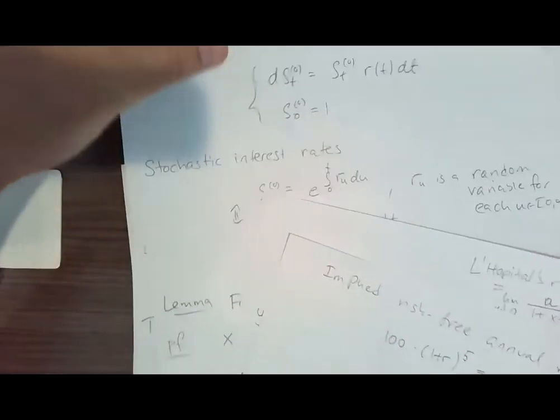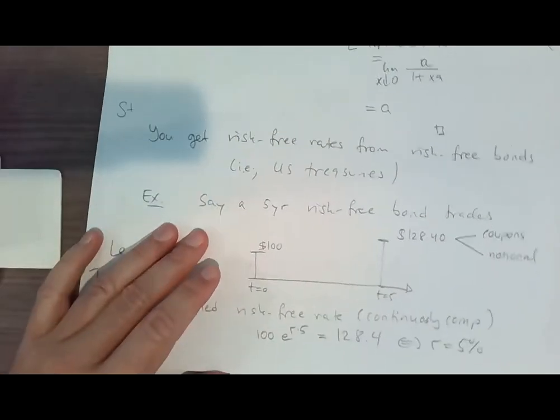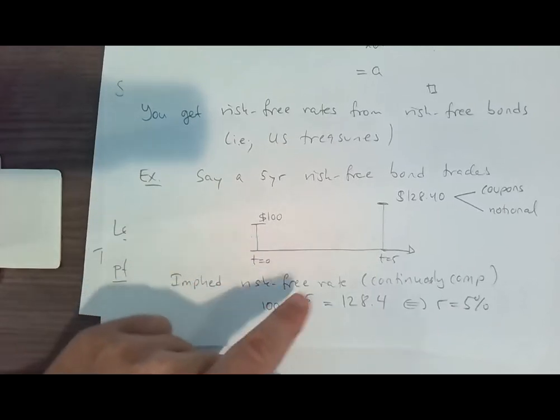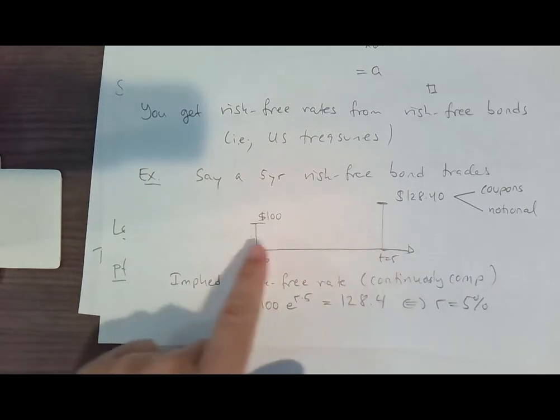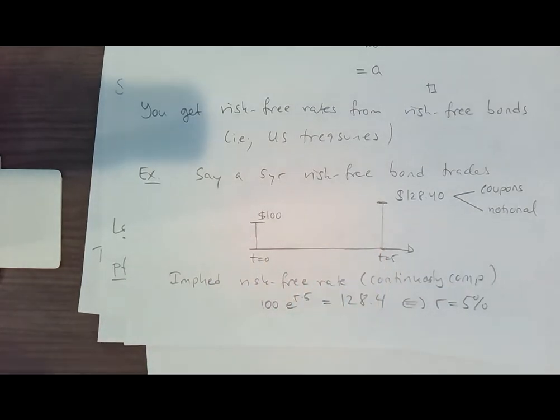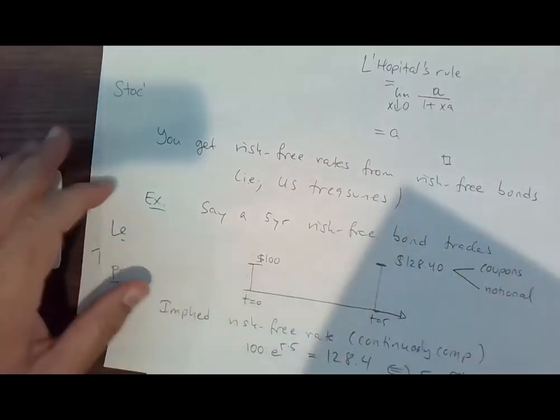So when you have quoted prices, bond prices for US Treasuries, you can back out what this implied interest rate is. We're going to look at another example in a second where this is more complicated.